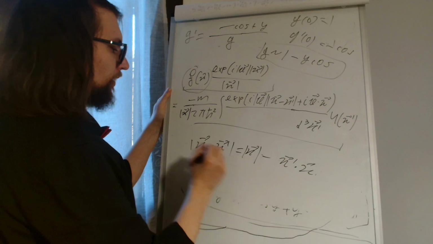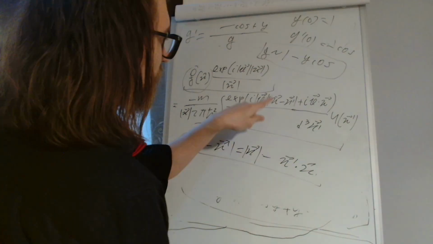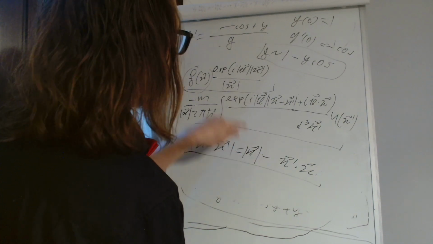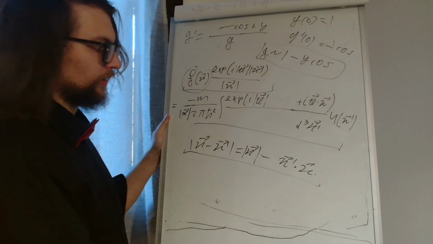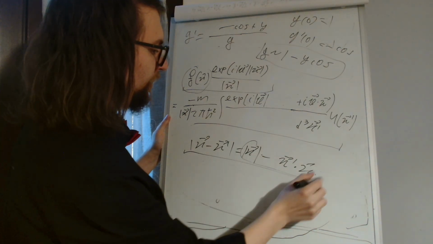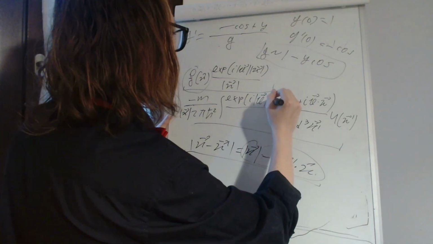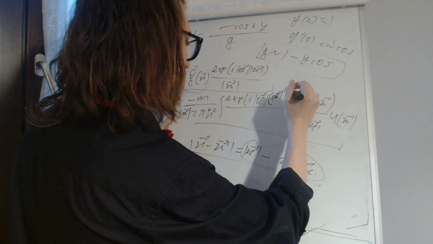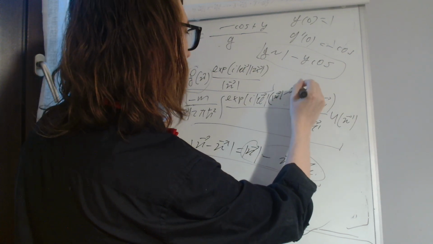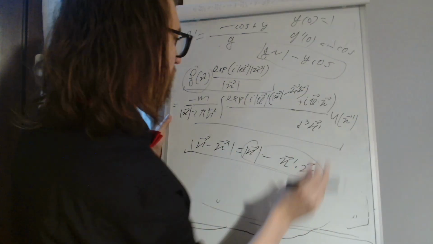So this is an approximation for this, which we can substitute here and get this modulus, which we cancel out with this one here. So let's write it here, and we have times modulus of x minus x prime times the value x.